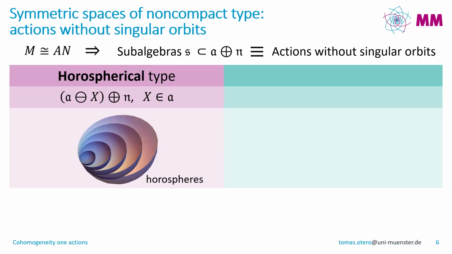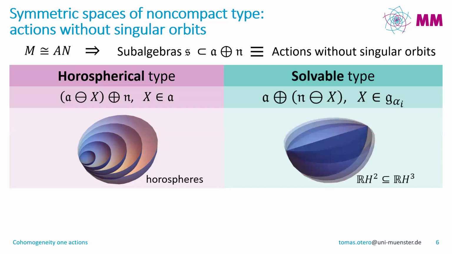In particular, this thing here is a subalgebra. And the corresponding actions are known as actions or foliations of horospherical type. And as you might guess from the name, this is, for example, how you can construct the foliation of, say, real hyperbolic three-space by horospheres.